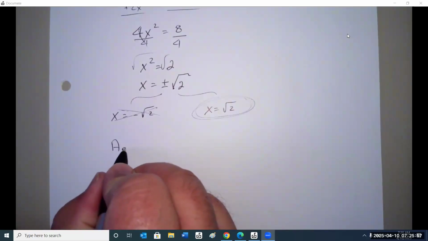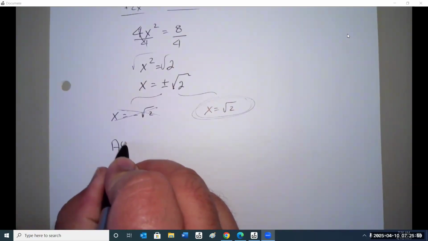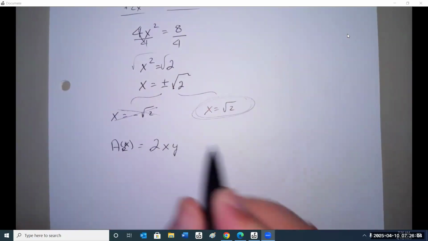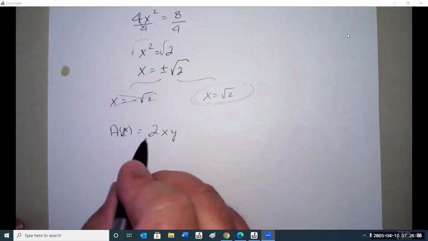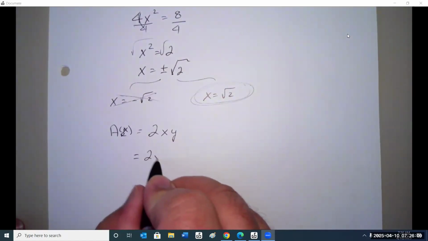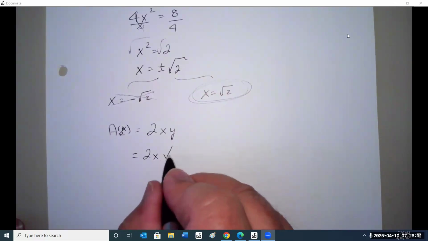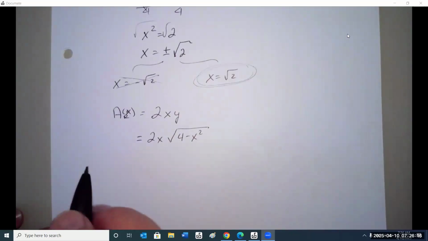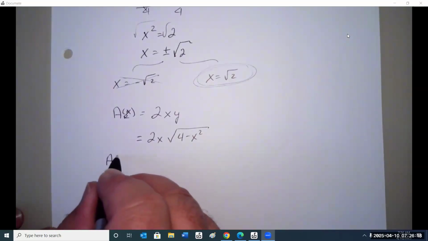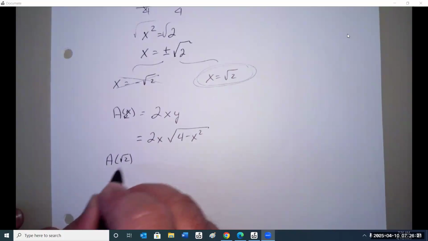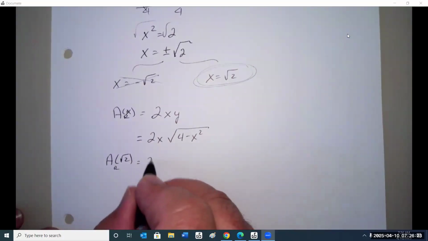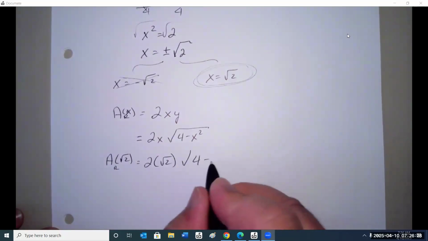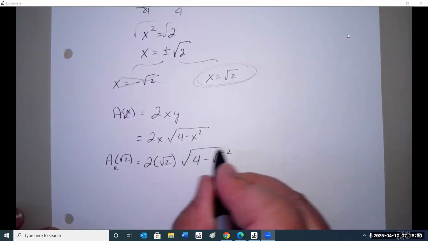So the area of our rectangle is 2xy, and y, remember, was the square root of 4 minus x squared. So what we're doing here is putting the square root of 2 inside there. 2 times the square root of 2, times the square root of 4 minus the square root of 2 squared.